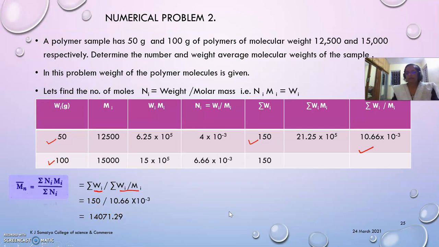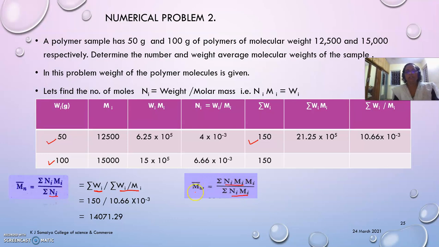Now in the same manner, we will see how to find the weight average molecular weight. For the weight average molecular weight, the formula is summation of NiMi, the weight, into Mi upon summation NiMi. So we are representing the number in terms of the weights. Ni is the number and NiMi is the weight.